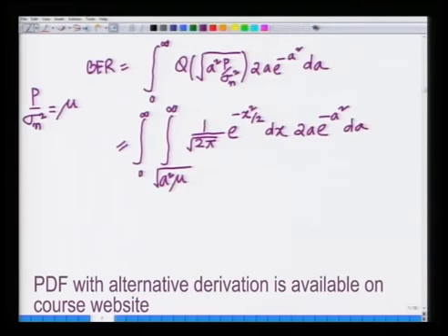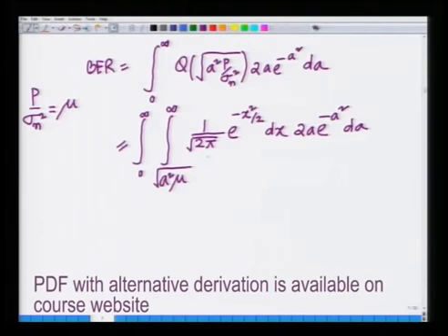Alright, so I am writing this as the average of the Q function over the probability density function of a, which is 2a e power minus a square. But the Q function itself is described in terms of an integral. If P over sigma n squared is denoted by mu, then Q of square root of a square mu is nothing but the integral from square root of a square mu to infinity of 1 over square root of 2 pi e power minus x square by 2.